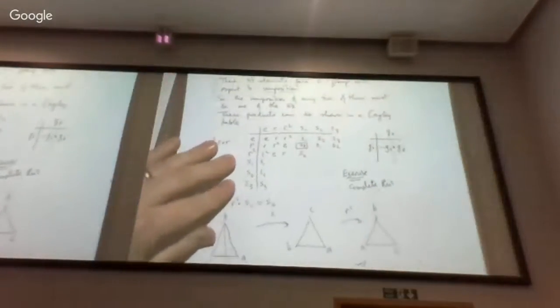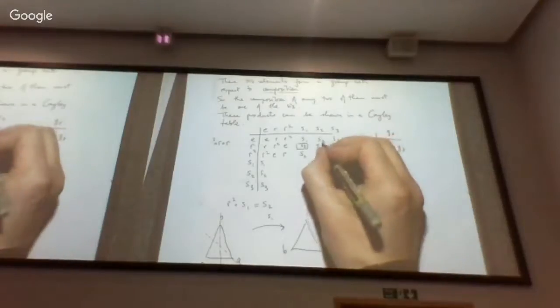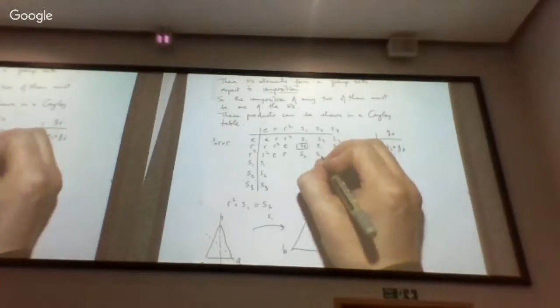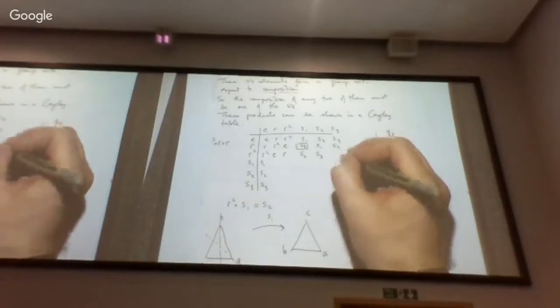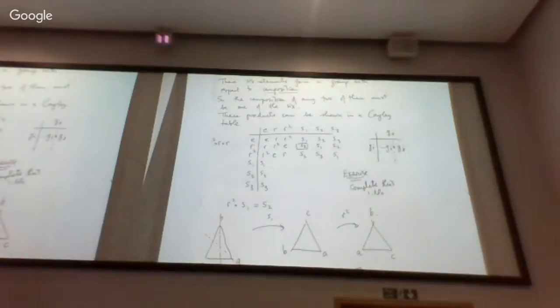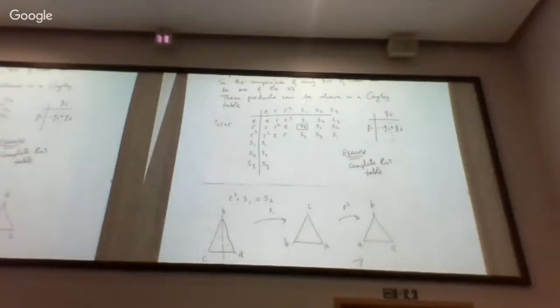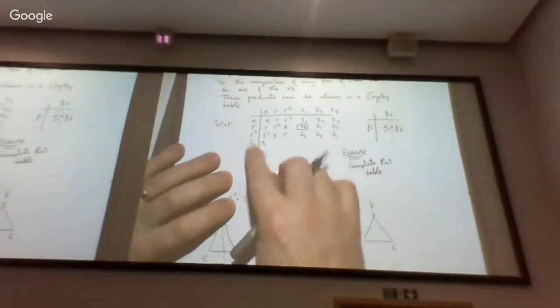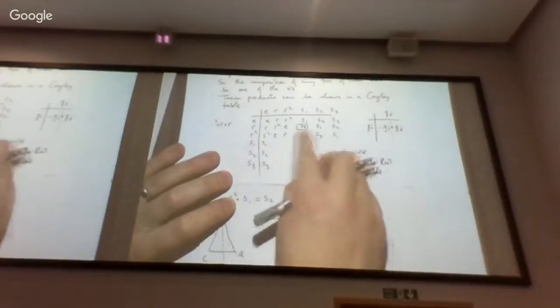Now the rest of the table, once you've got all of that, there are some other properties of groups you can use to quickly fill it out. We've already seen the reflections S1 and S2 in this row, so we have to see the reflection S3. We've already seen the reflections S2 and S3 in this column, so we have to see the reflection S1. Then for this one down here, S1 after R has to be different to R after S1, and it can't be S1, and the other one is S3.